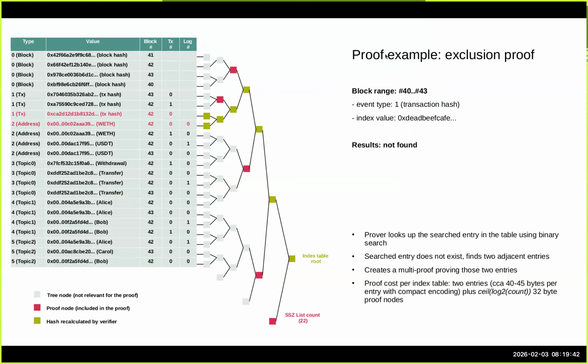And the simplest case is when we are looking for something that doesn't exist and we generate an exclusion proof. Usually this is the most important feature of this whole thing, because inclusion is usually easier to prove than exclusion. Let's assume we are looking for a non-existent, some random transaction hash. What the prover does is it finds where this entry should be in the table and checks whether it's there or not.